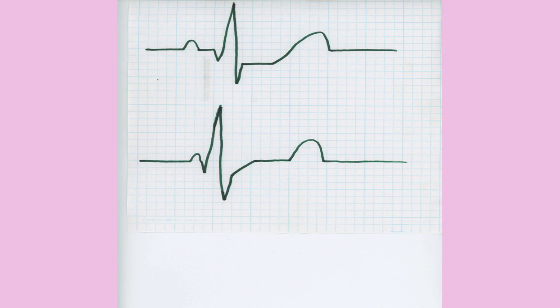You want to find your J point, which is where the S wave is coming up, and then it starts to go not horizontal, but it starts to change its inflection. And you find that J point. And then you count over 2 boxes to the right from the J point, and you follow your EKG line. And when you're following that, then you see that it's actually going back right to the baseline.